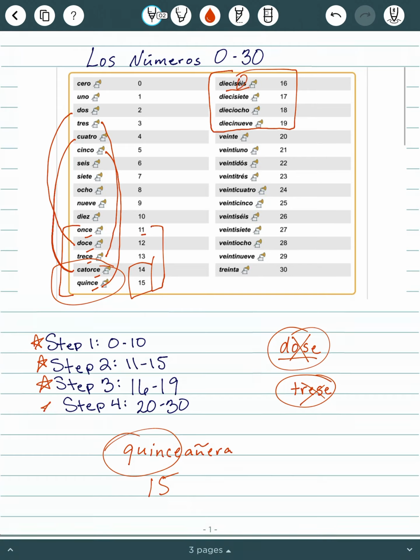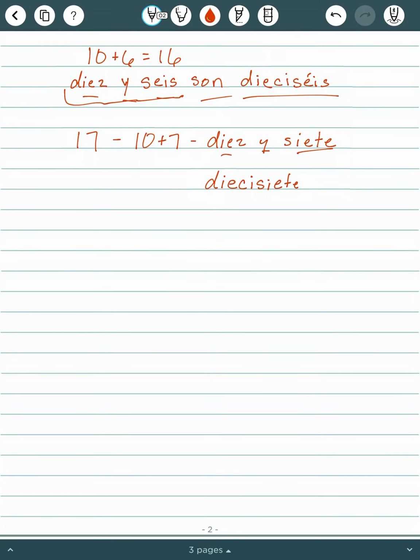So then step number 4 is 20 through 30. So with 20 through 30, you want to memorize 20. And then we're back to doing an addition problem. So if I wanted to say 23, that's 20 plus 3. And 20 we know is veinte, plus y 3, tres. And we're going to turn that into one long word, change up the spelling just a bit.